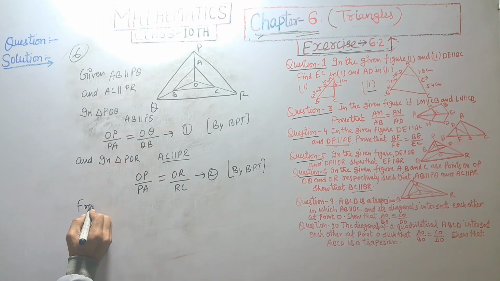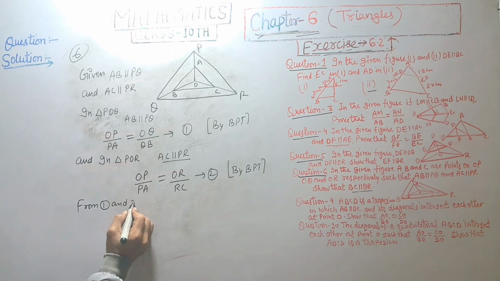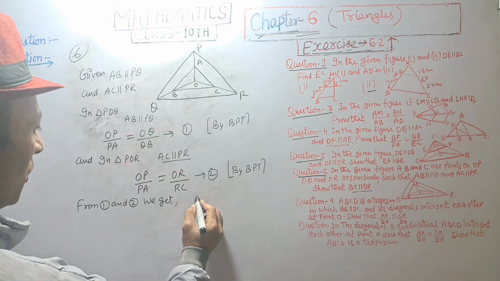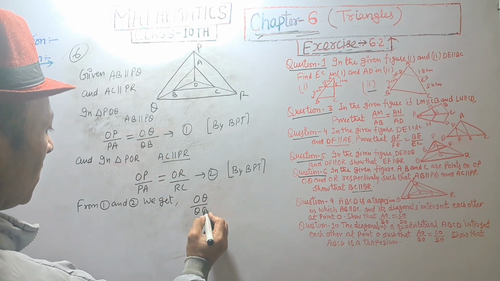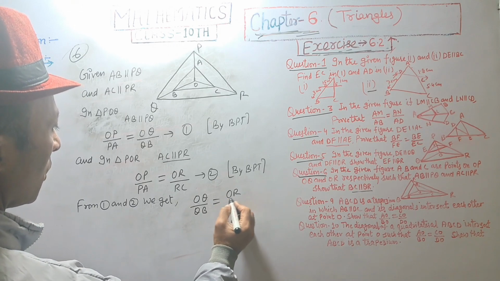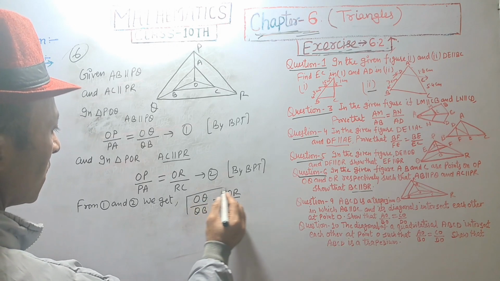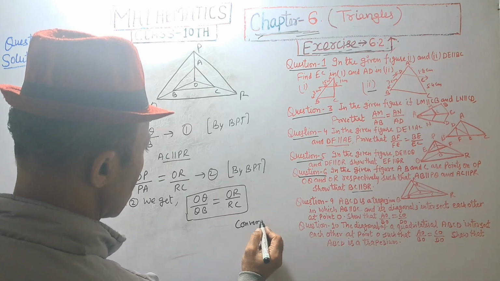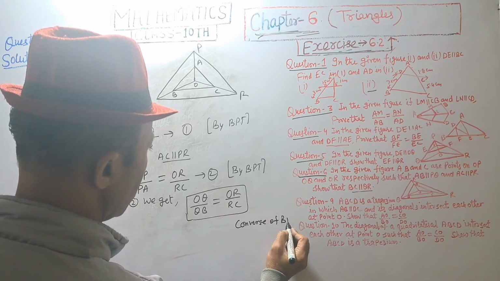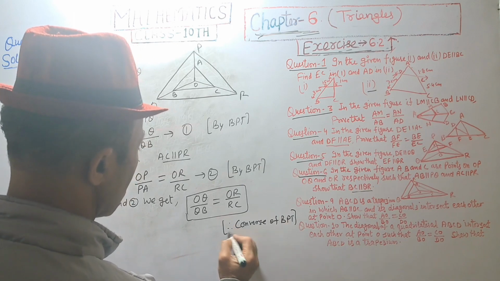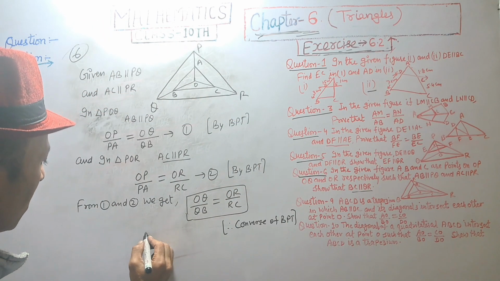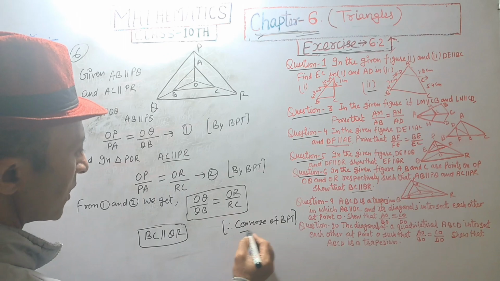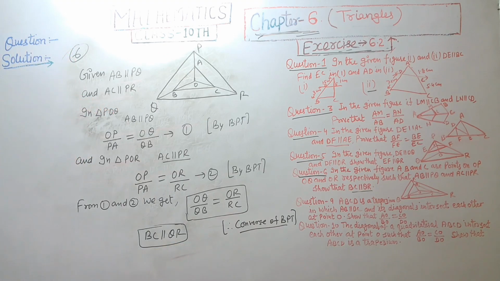From first and second, we get OQ upon QB is equal to OR upon RC. By converse of BPT, BC is parallel to QR.